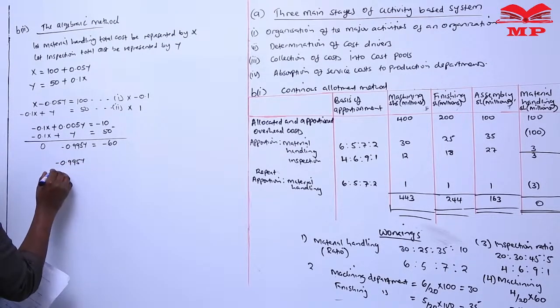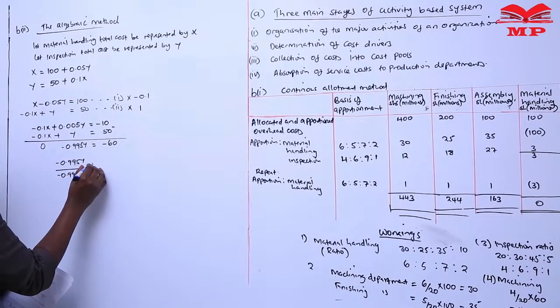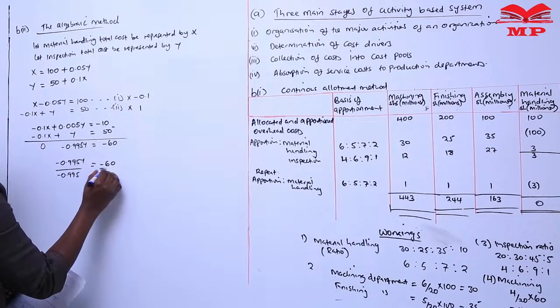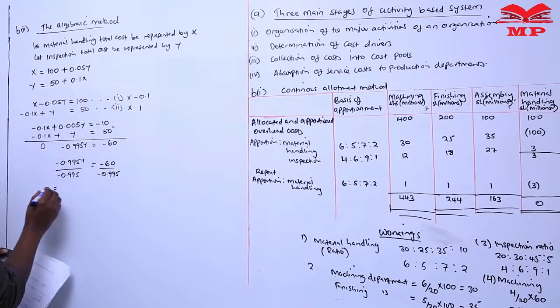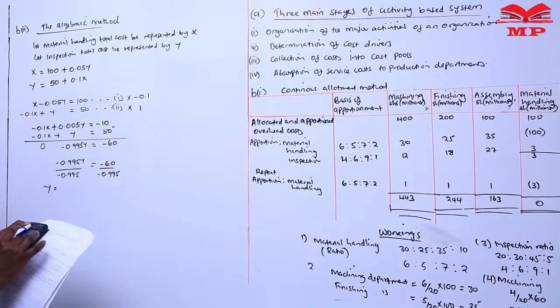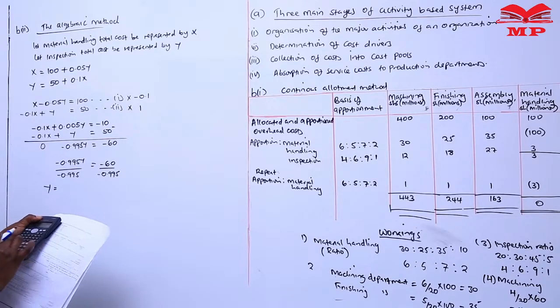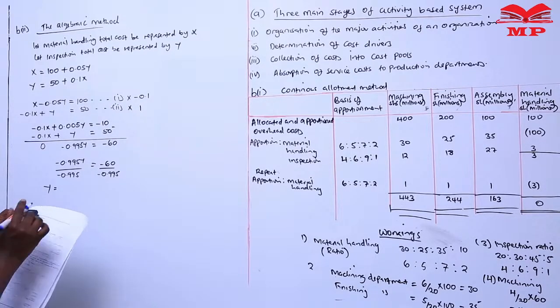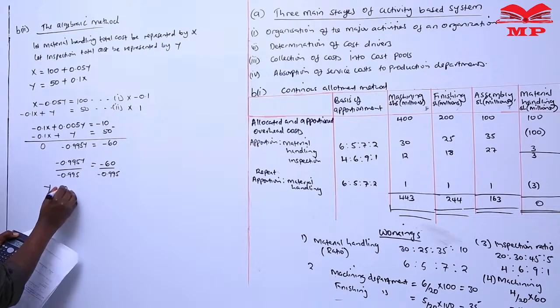We divide both sides by negative 0.995, which equals negative 60 over negative 0.995. Solving that, y will be equal to 60.3.